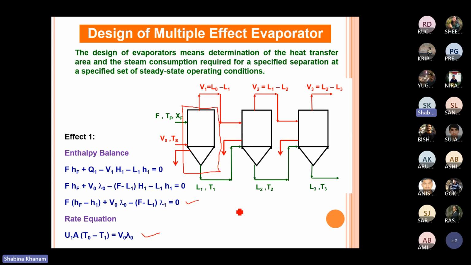Further, if I ask you to derive the equation for the second effect, there is no need to derive it. You can simply extend this. For the second effect, F should be L1, and here I am having H1 minus H2 plus V naught lambda naught. V naught would be your V1 lambda 1.